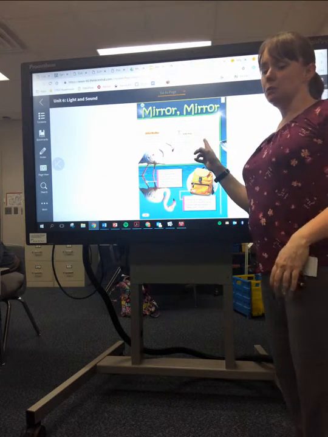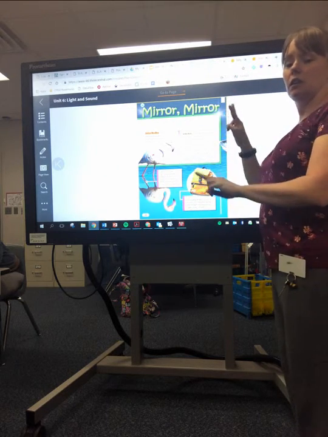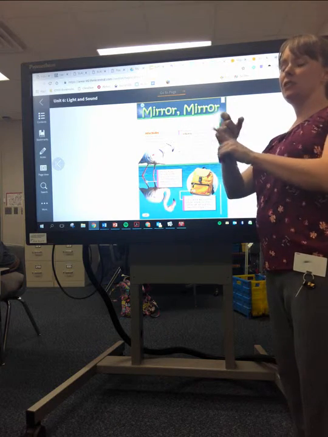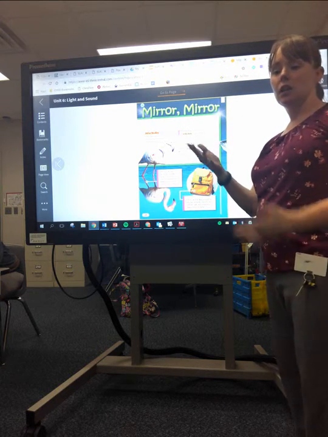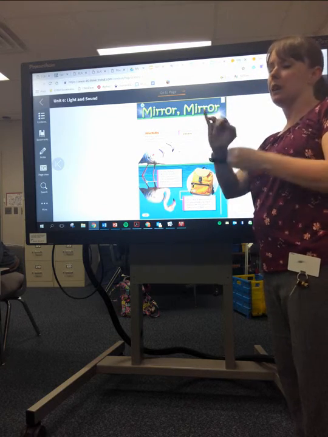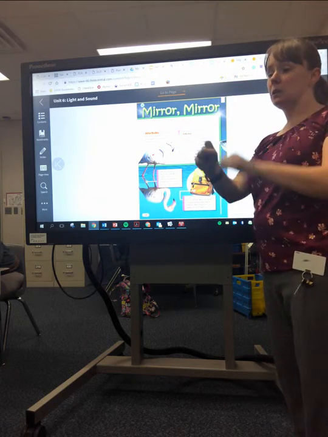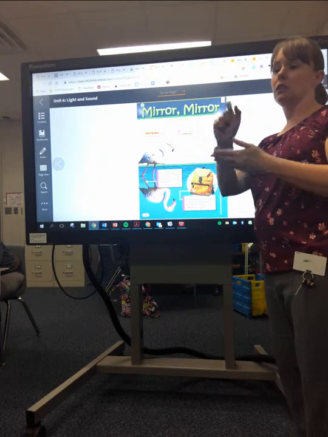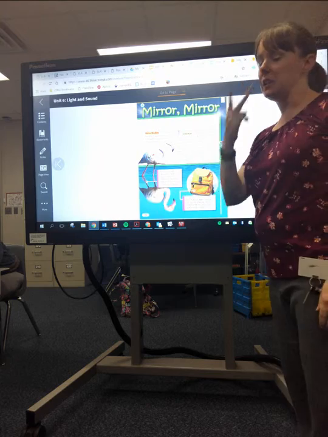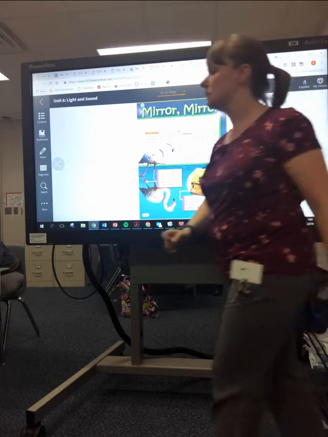I want you to just kind of look at this. It's from a science book. I want you to just look and see what you notice. What do you notice about it? Could be the words, could be the nonfiction text features. What do you see? I'll give you 1 minute.